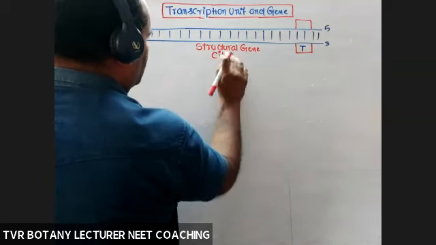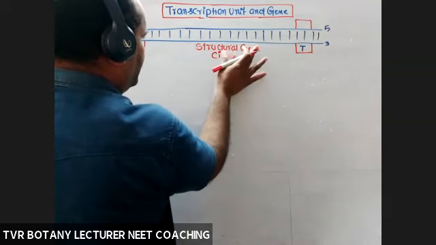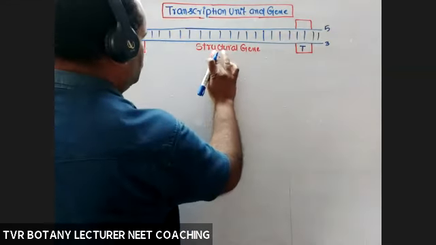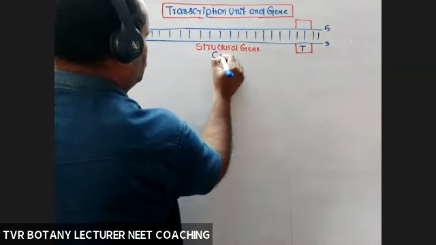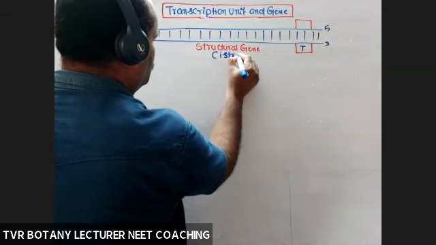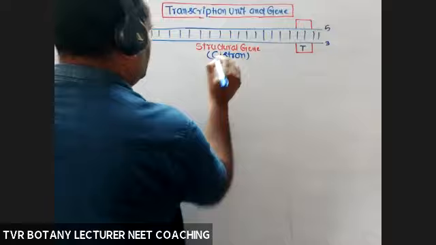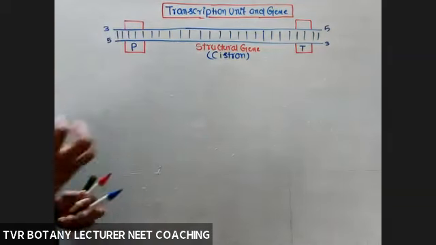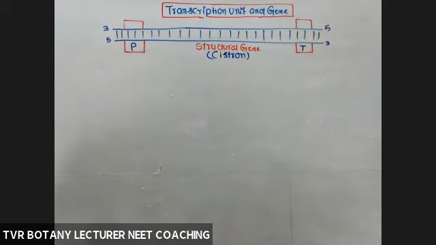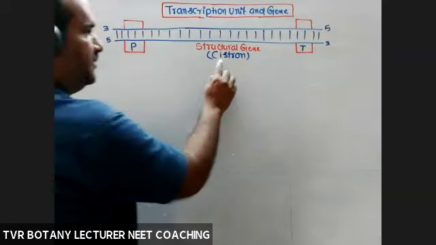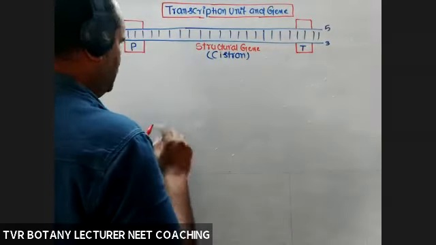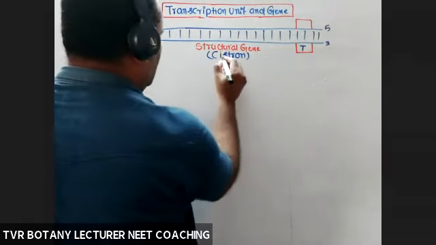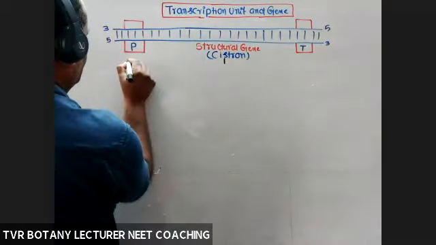Cistron is a segment of DNA that codes for a protein. So in this structural gene, how many cistrons are present? On the basis of the number of cistrons present in the structural gene, we divided them into two types. So there are two types. What are they?